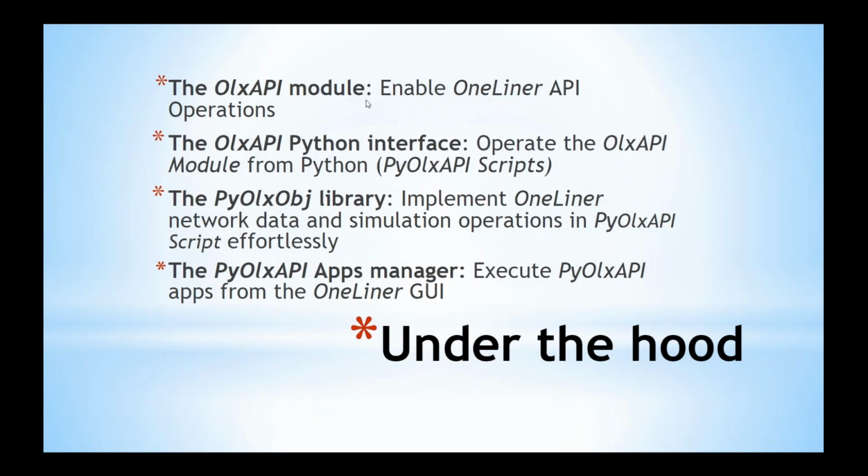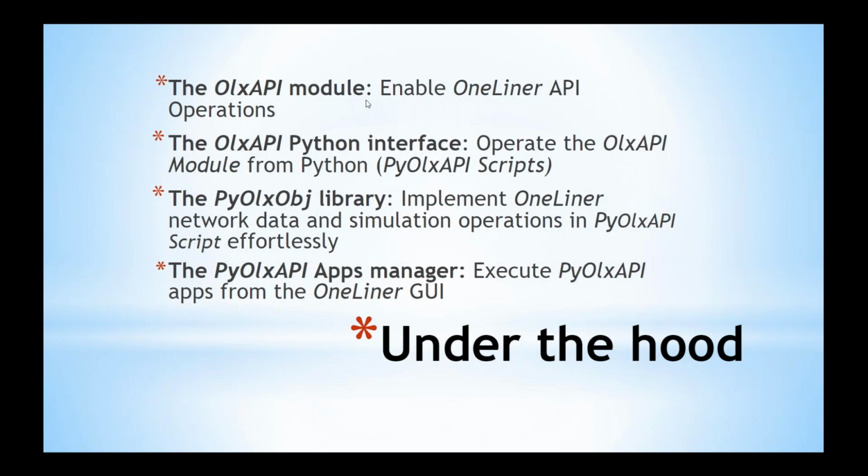In fact, there are at least two or three professional software vendors who already took advantage of the OlxAPI module that we ship. They already created some commercial Python programs that operate OneLiner to do additional studies on the power network, like relay setting calculation and other things.